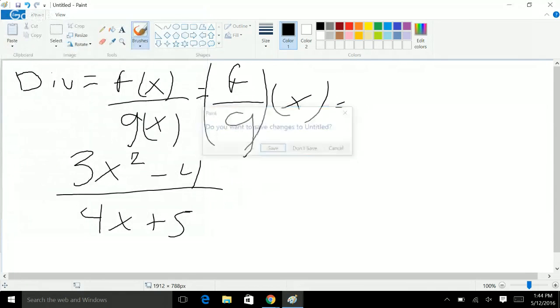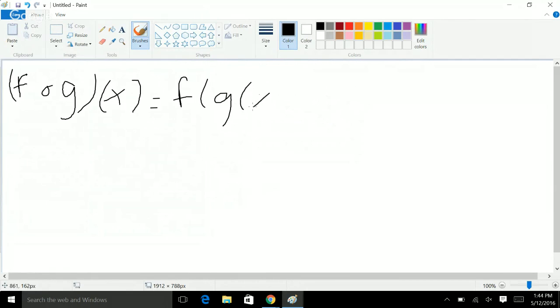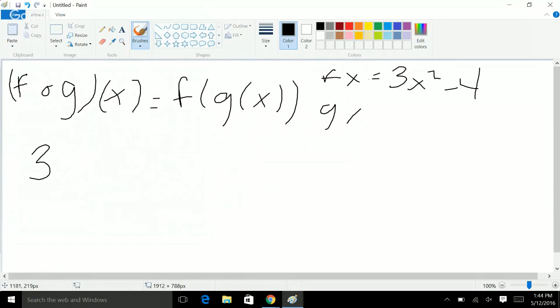And then we're going to plug g into f of x. So for every x that we see in f of x, we plug in g, the equation of g. F of g of x equals f, where f of x equals 3x squared minus 4 and g of x equals 4x plus 5.